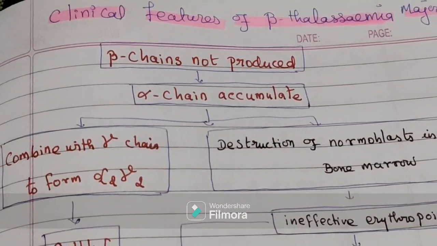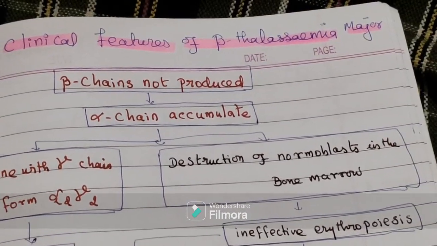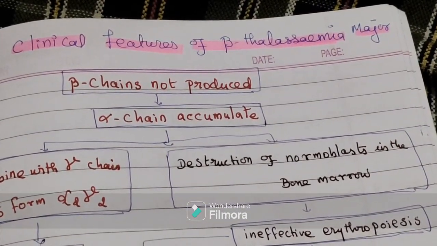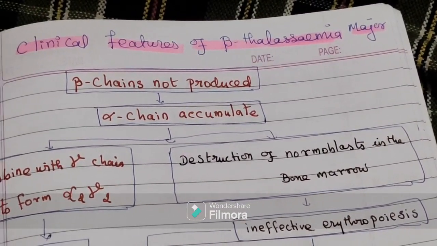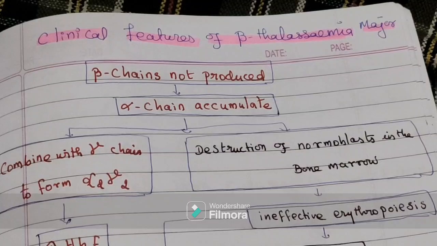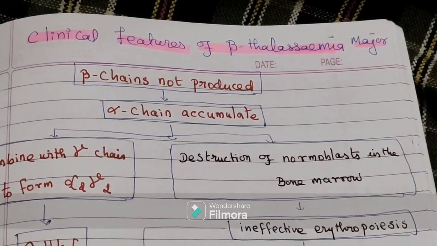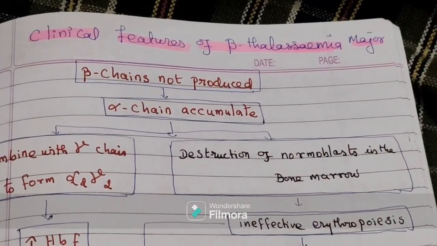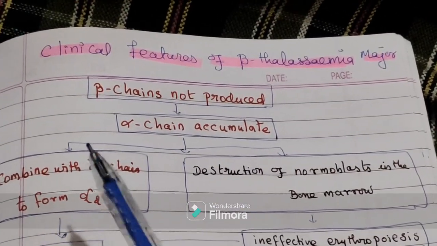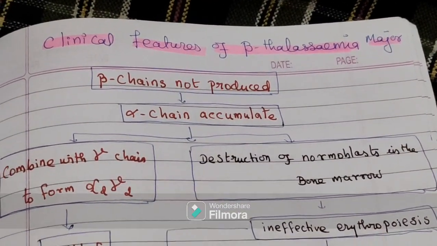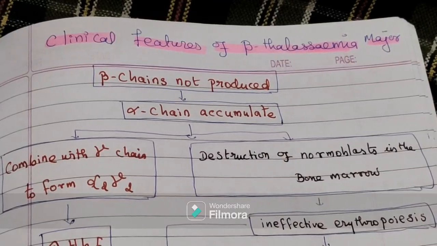Now coming to the clinical features of beta thalassemia major, intermediate and minor. Minor and intermediate are largely asymptomatic. For major, we have to understand the clinical features. Now beta is absent. So what will alpha do?